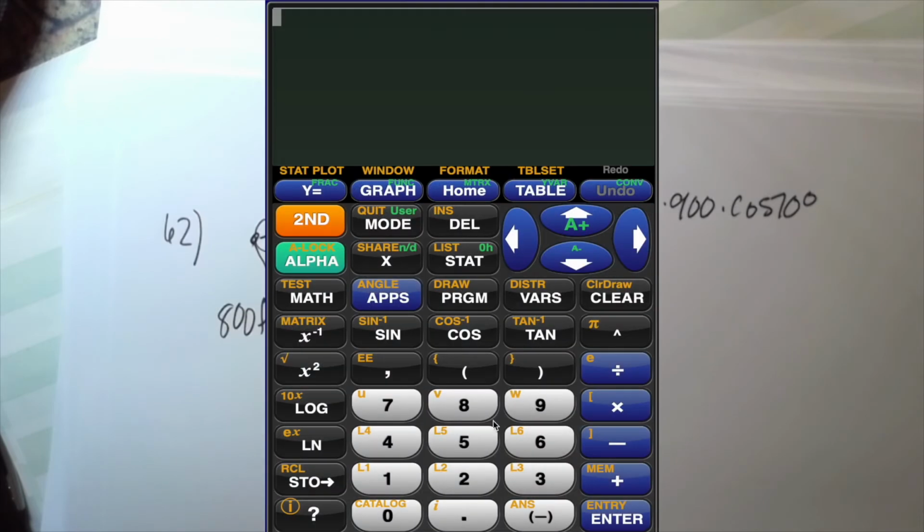So we have 800 squared plus 900 squared minus 2 times 800 times 900 times the cosine of 70 degrees.